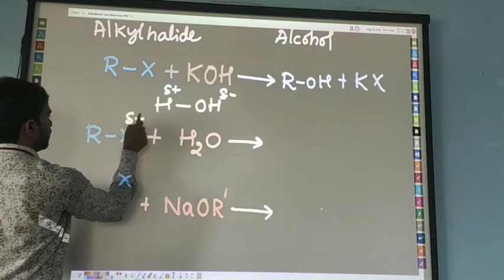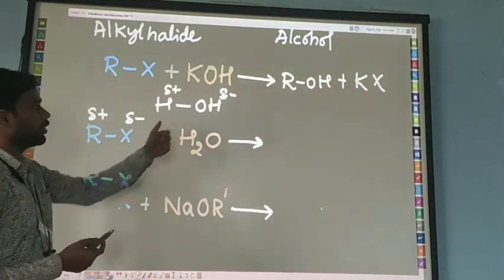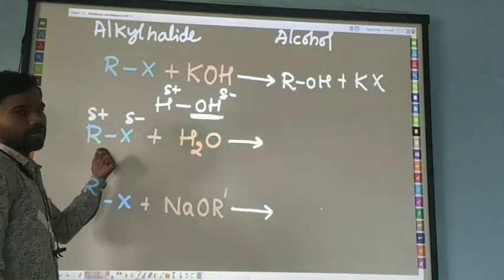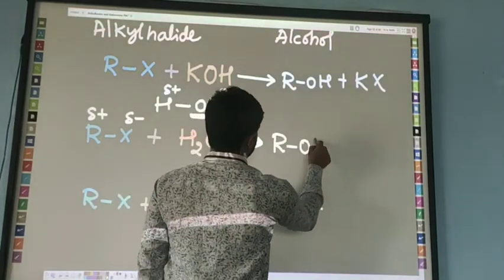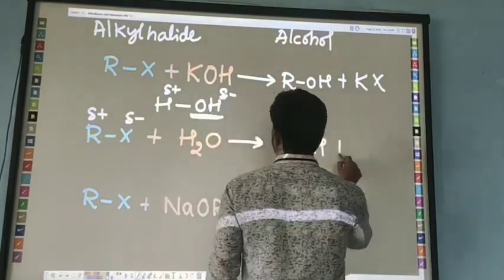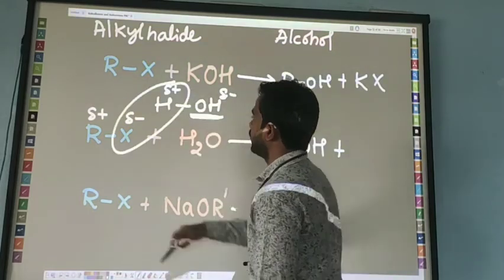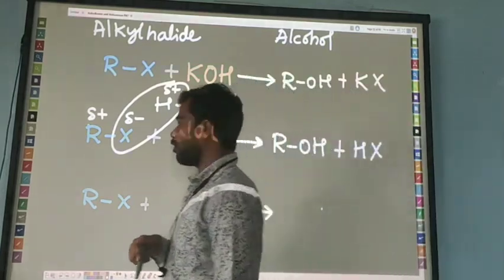This one is delta minus and this one is delta plus. The nucleophile here is OH minus, which attacks the carbon group, giving ROH plus HX, which is liberated. HX means an acid is formed.